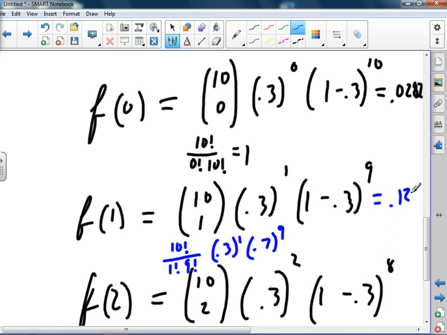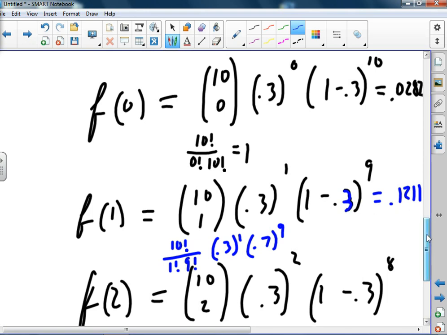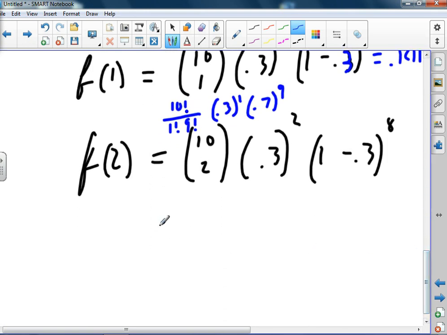Oh, 1 minus 0.3, yeah, okay. Right? And the last guy, 10 factorial divided by 2 factorial, 8 factorial, 0.3 squared, 0.7 to the 8th.